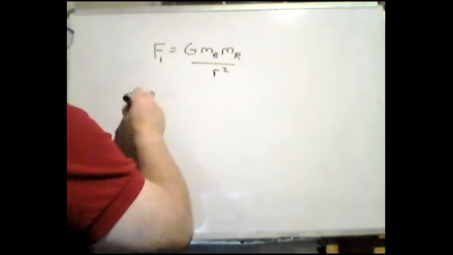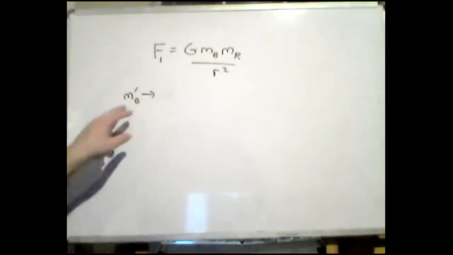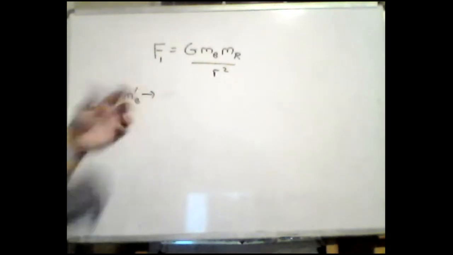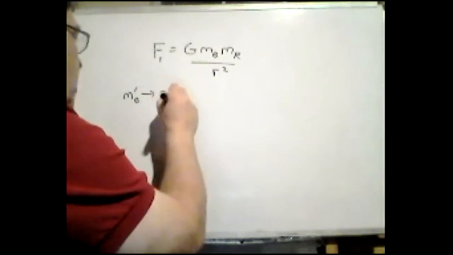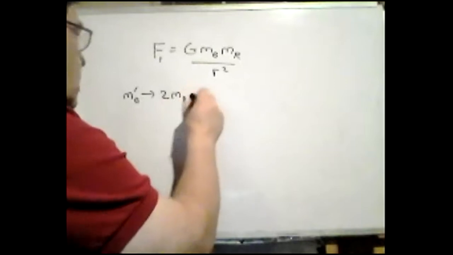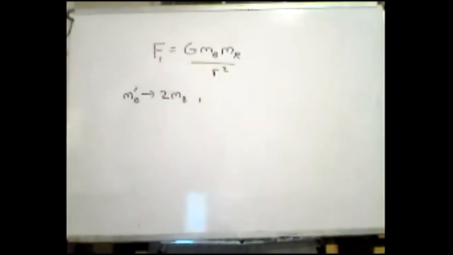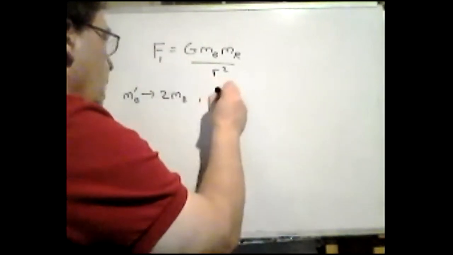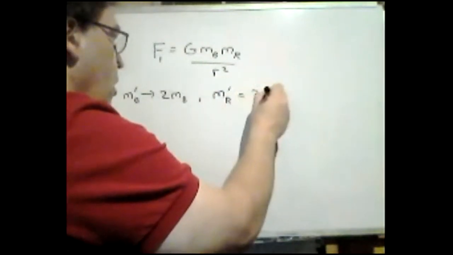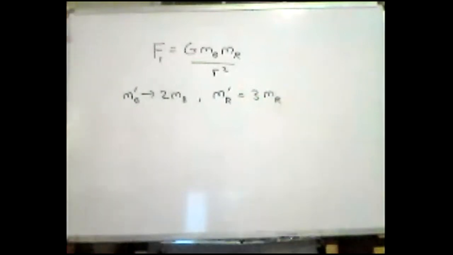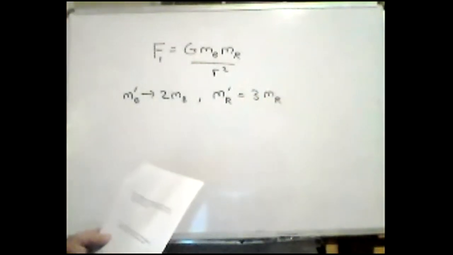My new blue mass, M sub B prime, where the prime just denotes the new mass, I want to be double what the original blue mass was. And this time I want to do two things at the same time. I want my new red mass, M sub R prime, to be triple what the red mass was originally.